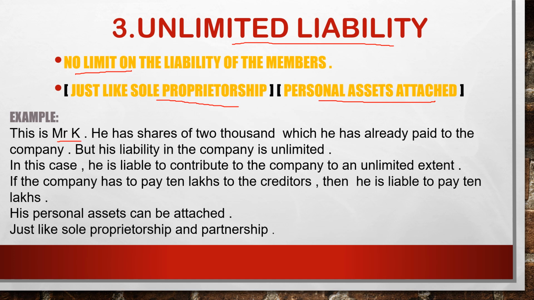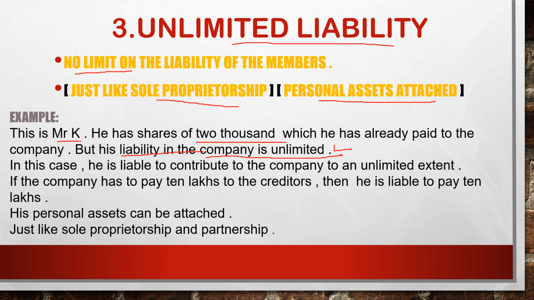Again, an example in the third case as well. This is Mr. K. He has shares of 2000 rupees, which he has already paid to the company. But in case his liability is unlimited, we don't bother how much is the pending amount. In the first case, I told you the liability is limited to the unpaid amount on the shares.